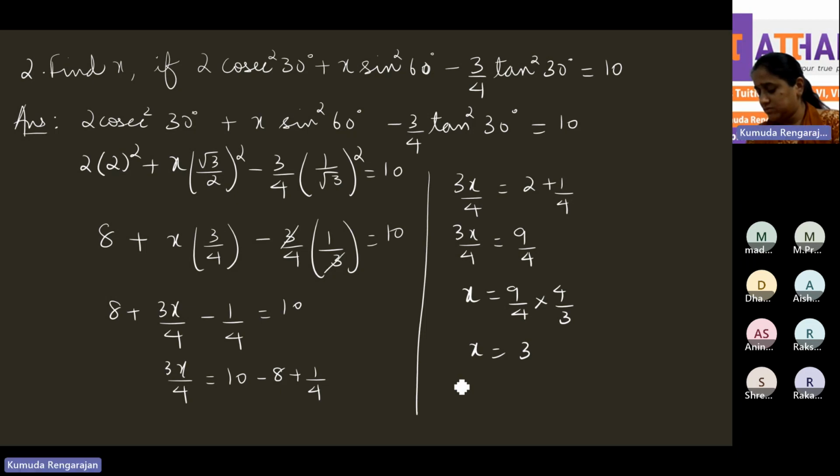Cancel 3x. 8 plus 1 is 9. 8 minus 1 you have done. 8 plus 1, 9. 33, ma'am. 40 minus 7. How is it 33? Minus 32 plus 1 is minus 31. 40 minus 9, 9 by 3. Yeah. All of you got this?